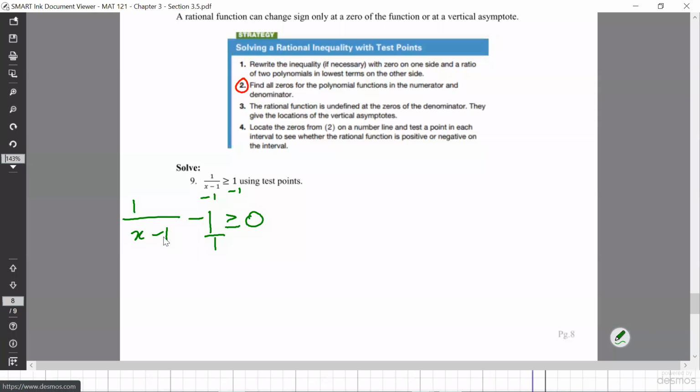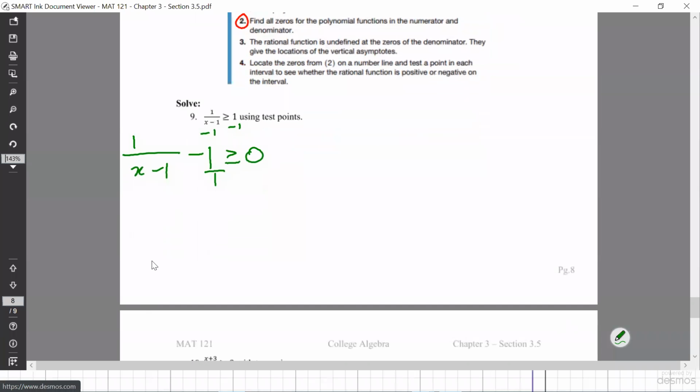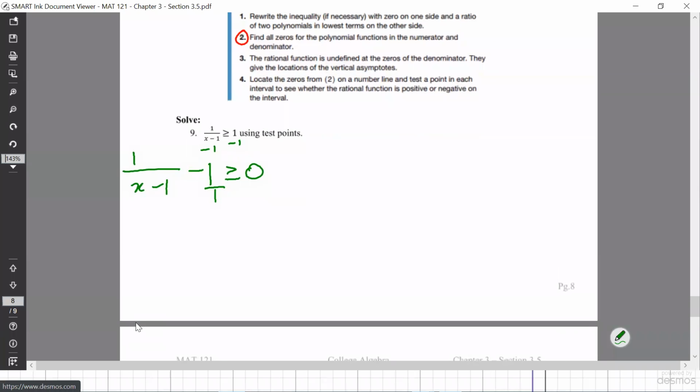To find a common denominator, we would need to multiply this right hand side by our x minus 1 denominator. So this fraction is staying the same, we have that minus in the middle, and then you've got x minus 1 over x minus 1.